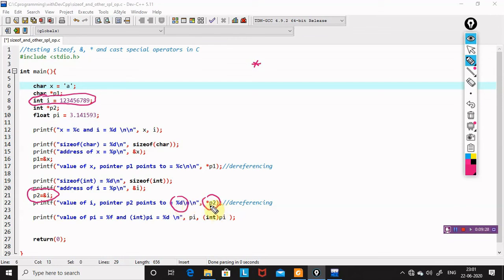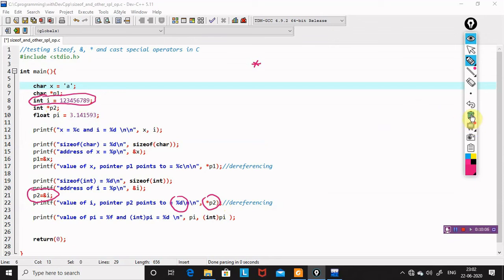We again, as before, could have simply written I over here and got the same value printed, but we are using star P2 to show that this type of dereferencing using the pointer variable can lead us to the same value of I, this one, which we would have obtained by writing simply I over here.